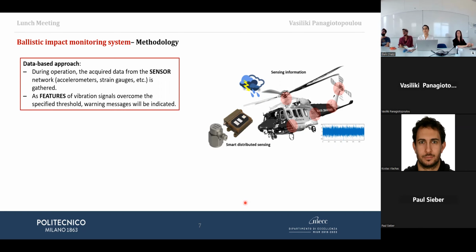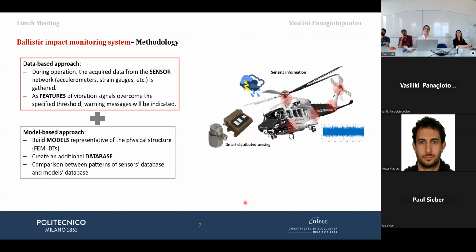Which will then be indicated in case of having a damage. This is a very nice way to use data for structural health monitoring purposes, but it's difficult to actually have insight of what type of damage is happening right now, or what is the location of the damage and what's the severity maybe.